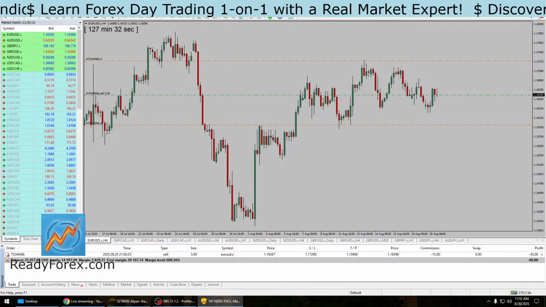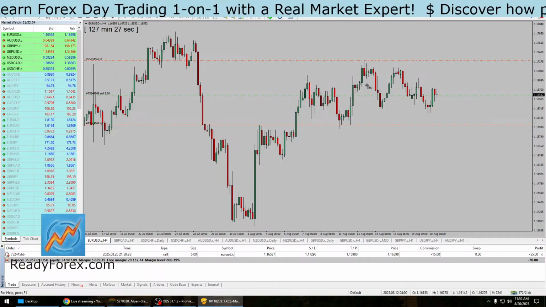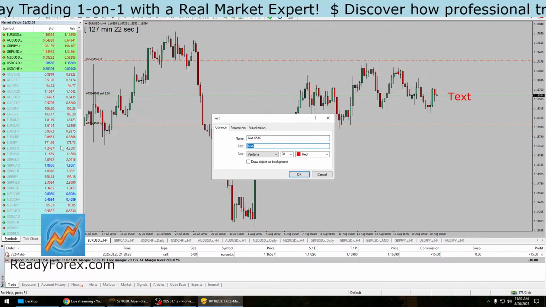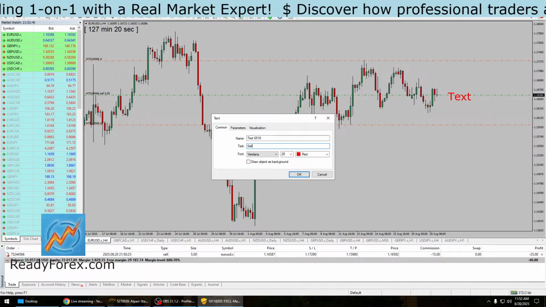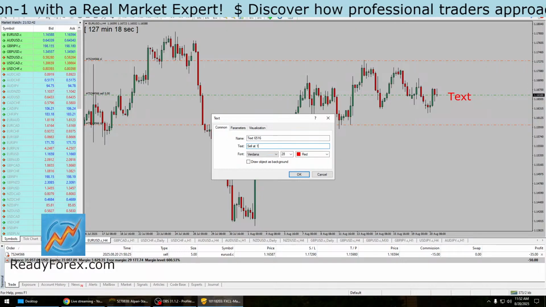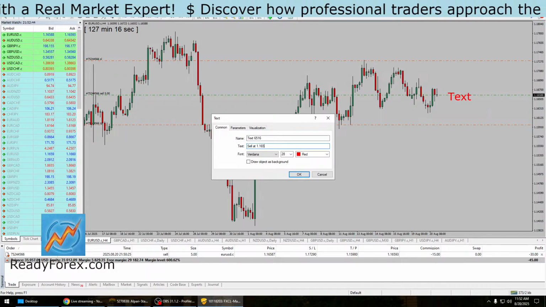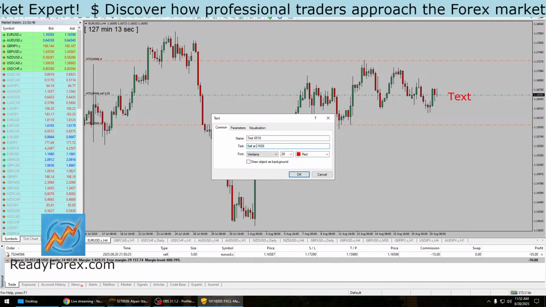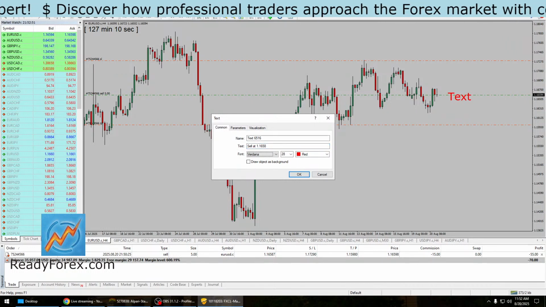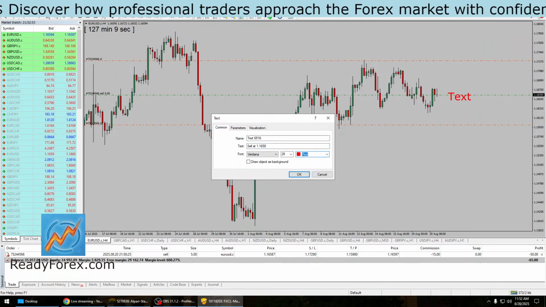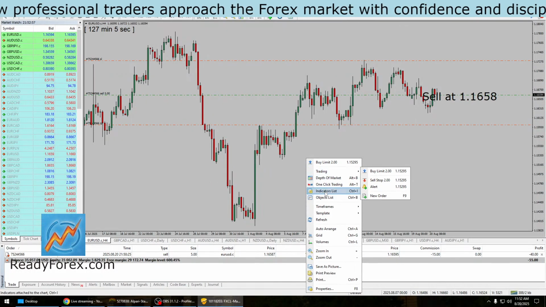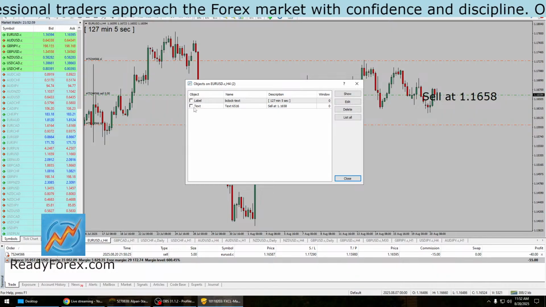Okay, so I've taken the sell over here, and let's see, sell at 1.1658, and let me adjust it.